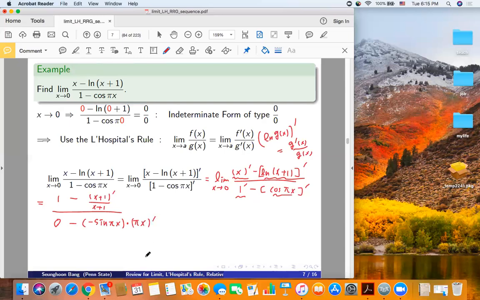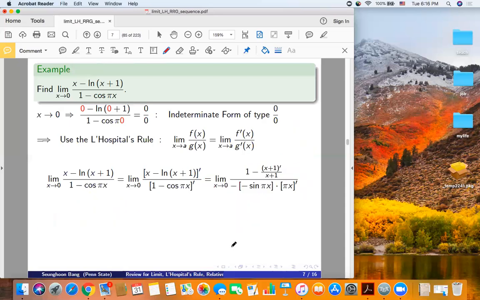So we keep the limit as x approaches 0 of 1 minus 1 over x plus 1, over, negative negative is positive, pi times sine pi x, since pi x prime is just pi. We move it to the front.